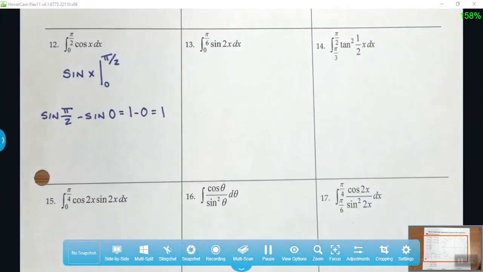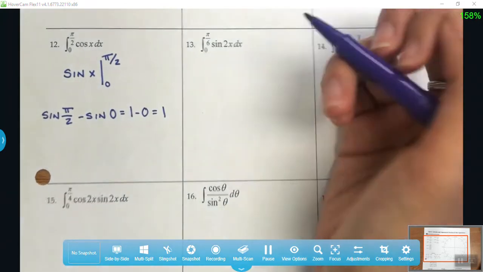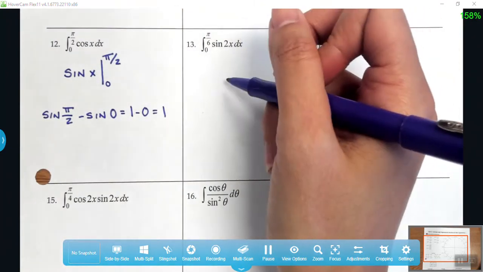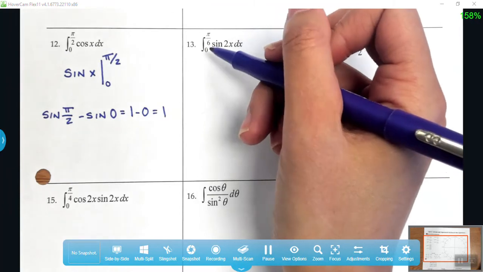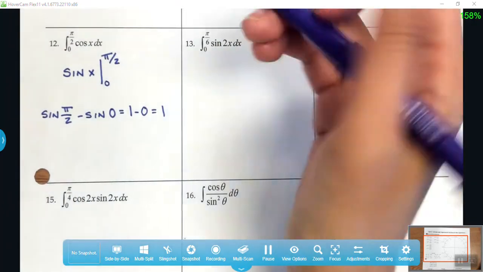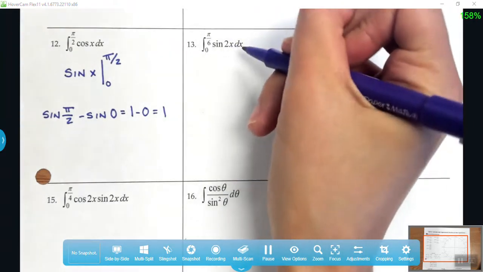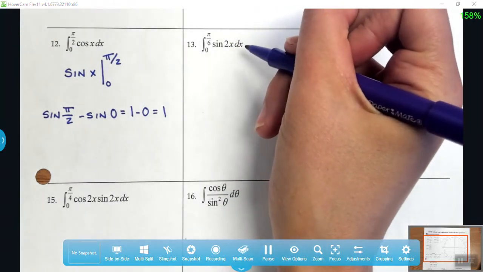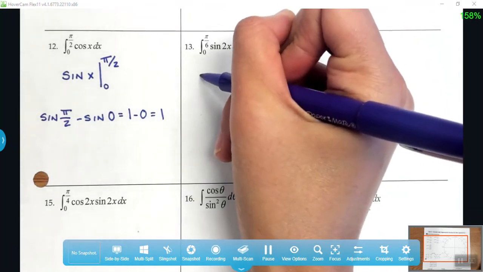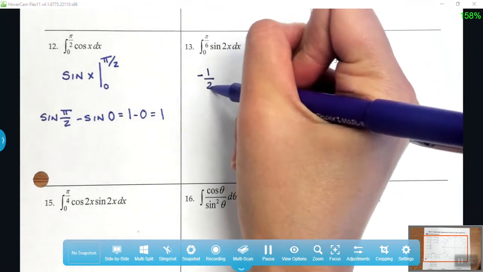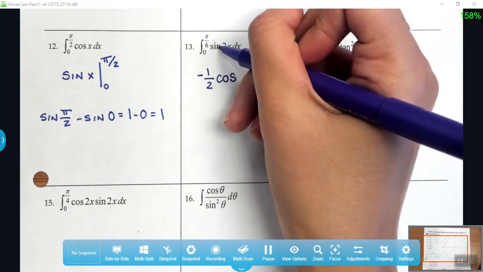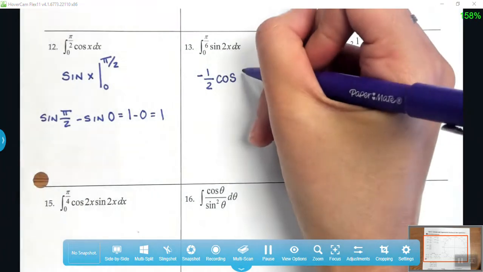Now 13, if you do the u sub in your head and you go back to x, you don't have to change your bounds. But if you write your u sub down, you've got to change the bounds. So integrate sine 2x for me without using u sub, or kind of doing u sub in your head. What would it be? Negative 1/2 cosine. And it's negative because the integral of sine is negative cosine.